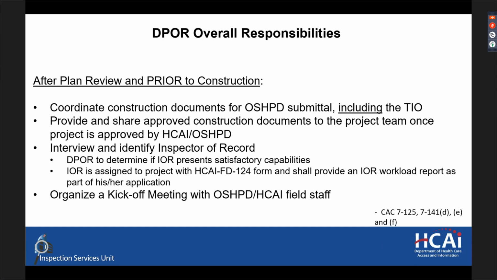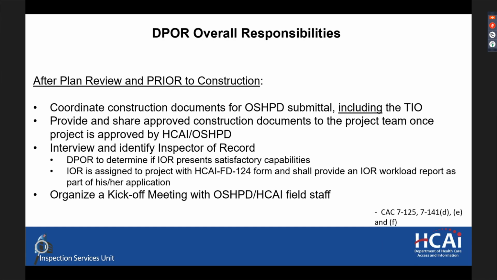So this goes back to a point being that the inspector needs to be determined capable of performing his duties by the design professional of record. It could be through interviews, phone calls, evaluation of past work that the IOR has participated in, past projects that the IOR has inspected. The IOR is assigned to the project with HCI FD 124 form, and during the IOR evaluation, the IOR shall provide an IOR workload report as part of his or her application.